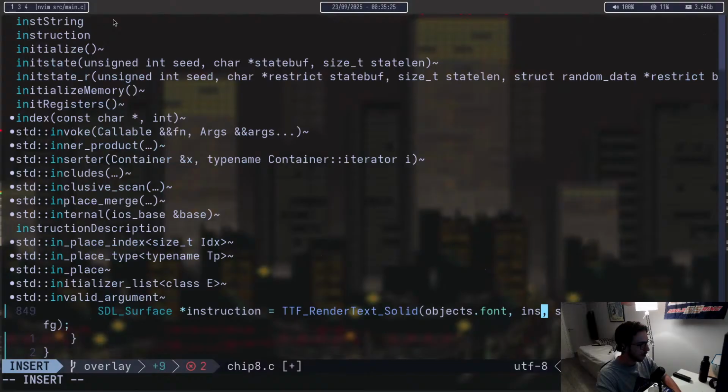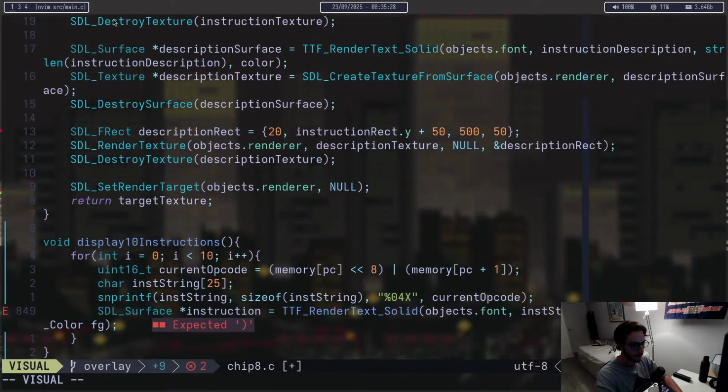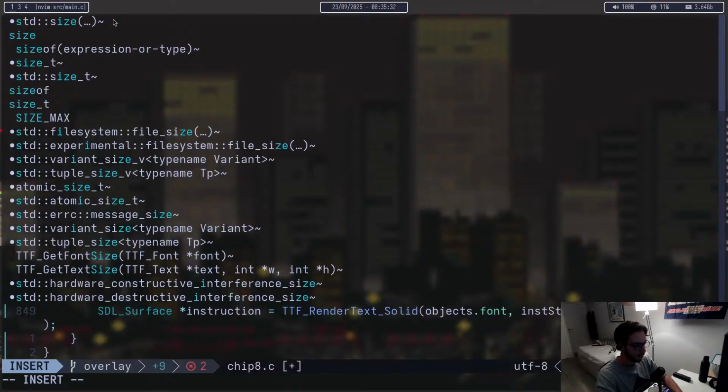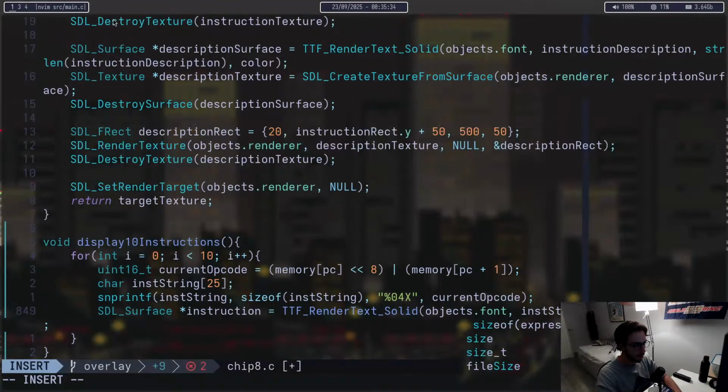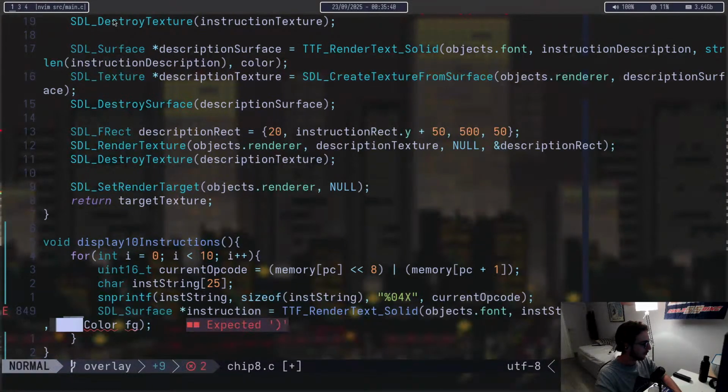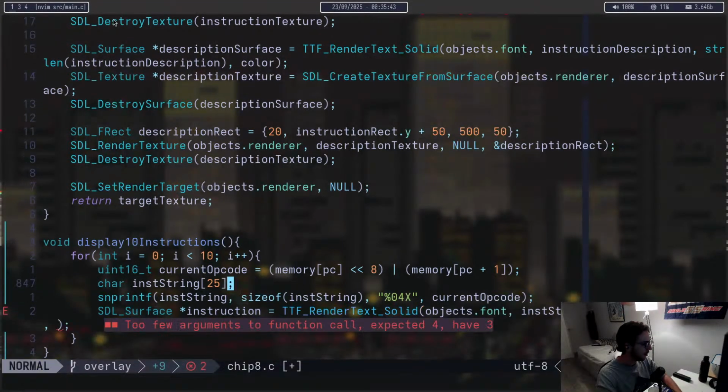So now you're going to be the inst string. Oh, the actual length. Line of inst string. And then the color, then I don't fully know.